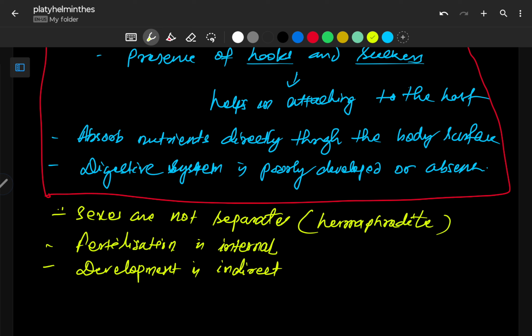But what is the speciality here? Indirect, and it involves many larval stages. Okay, now the other mode of reproduction is regeneration.